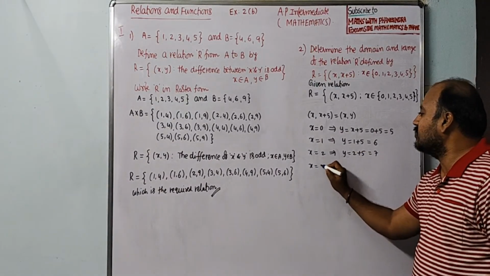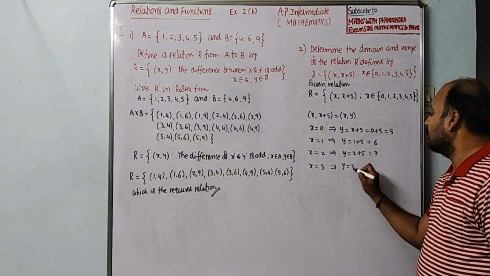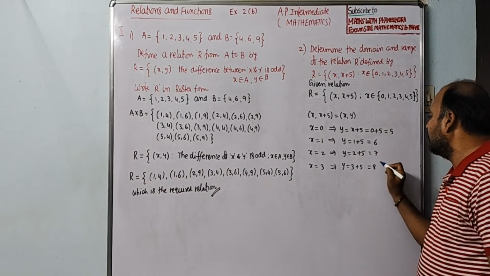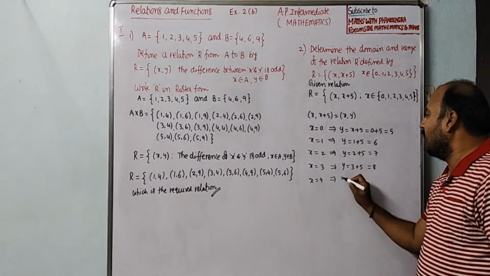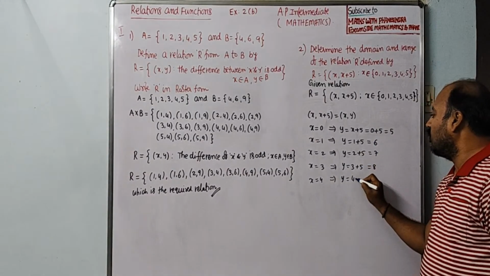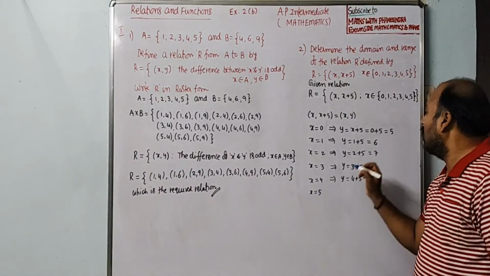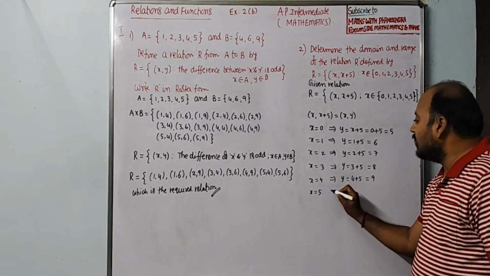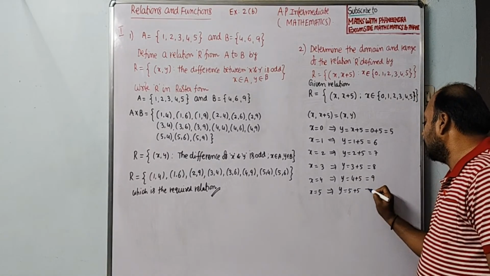Next, x is equal to 3: y equal to 3 plus 5, that is equal to 8. x is equal to 4: y value will become 4 plus 5, 9. Next, x is equal to 5: y is equal to 5 plus 5, 10.